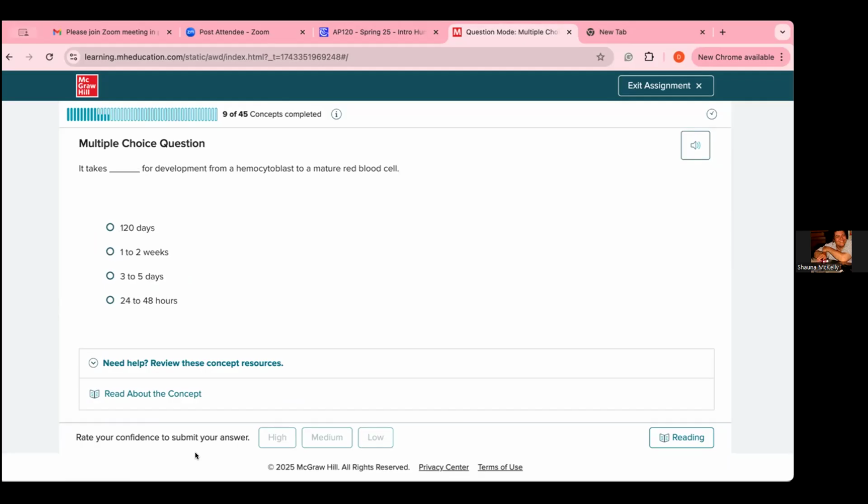I don't remember how long it takes. I remember that they live for about 120 days before they are replaced, but I don't remember how long it takes to form, so we have to look it up.